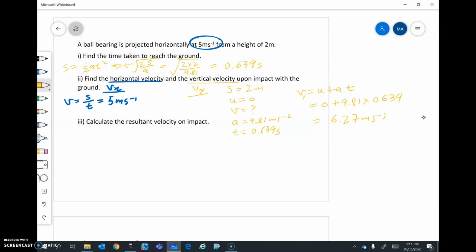Okay, so what we find here is that we have a horizontal velocity by the end of 5 meters per second and a vertical velocity of just a bit bigger, 6.27 meters per second. So we're going to use Pythagoras Theorem to find this resultant velocity. So the magnitude using Pythagoras Theorem. If you haven't tried that yet, go ahead and pause and give it a go, and then I'll do it.